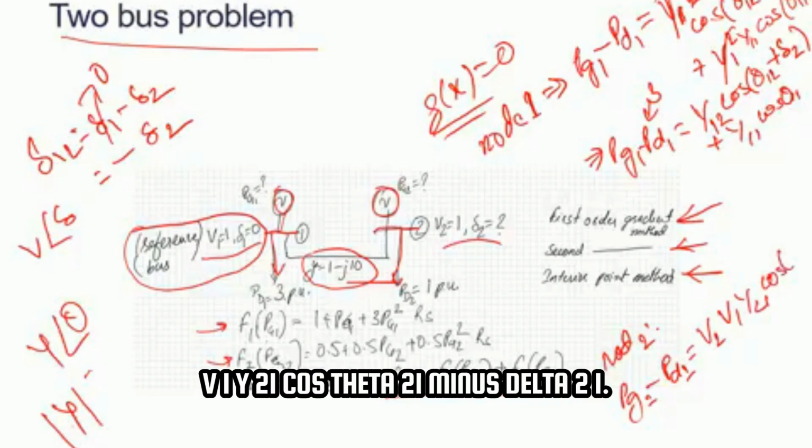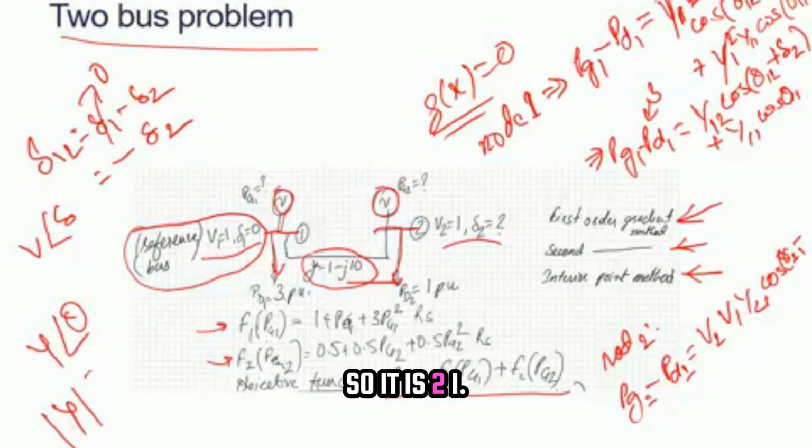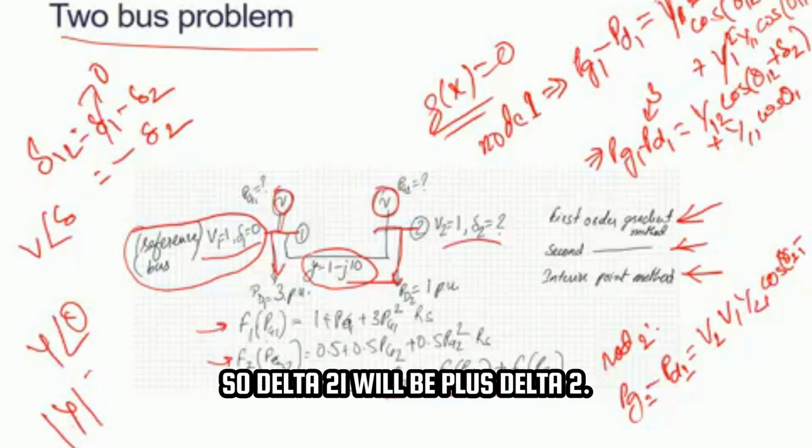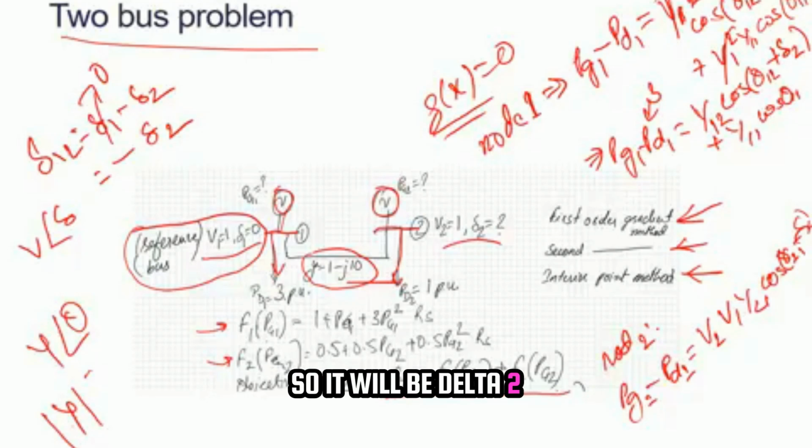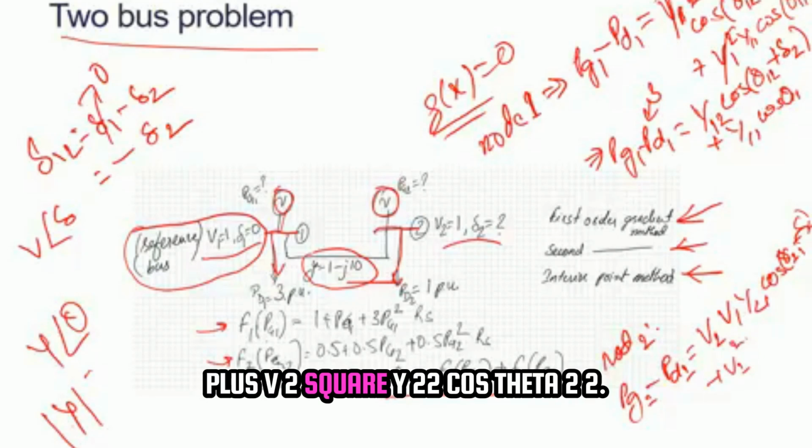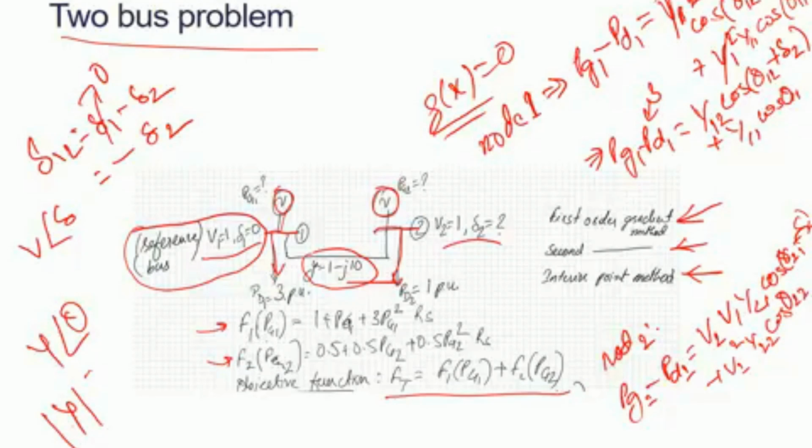cos theta 21 minus delta 21. So it is 21, right? So delta 21 will be plus delta 2, so it will be delta 2 plus V2 square Y22 cos theta 22.